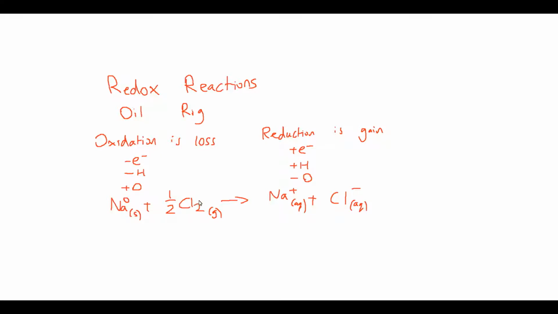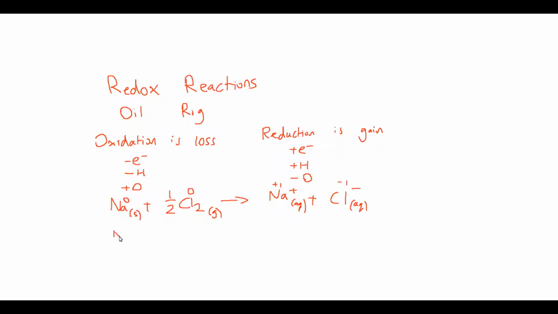Chlorine, being uncombined also, being in its elemental state as a gas, also has an oxidation state of 0. If we look at the products now, sodium has gone to Na+, and now has an oxidation state of +1. Chlorine has gone to Cl-, or the chloride ion, and now has an oxidation state of -1.